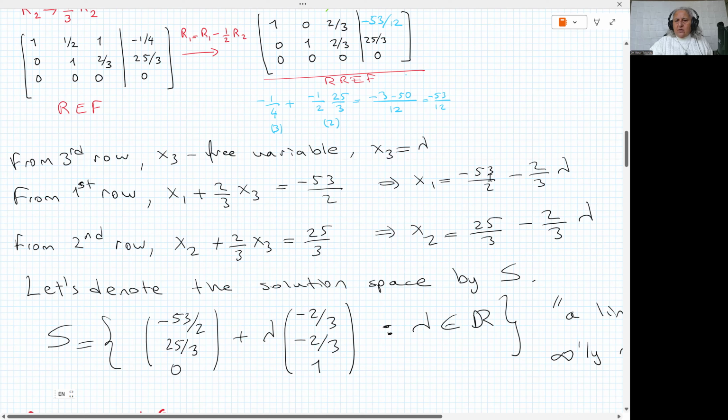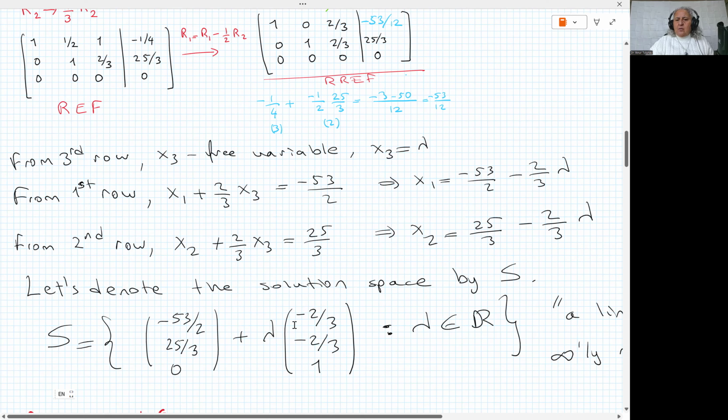So minus 53/2, 25/3, 0. This is the constant term in this vector, right? This is the x1, x2, x3 vector. And that's the constant terms of the vector.